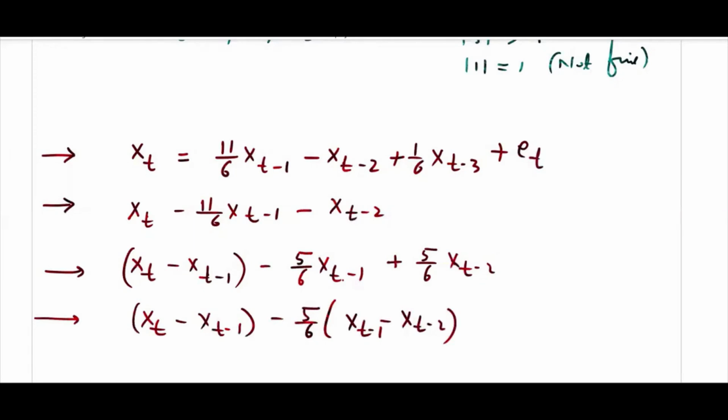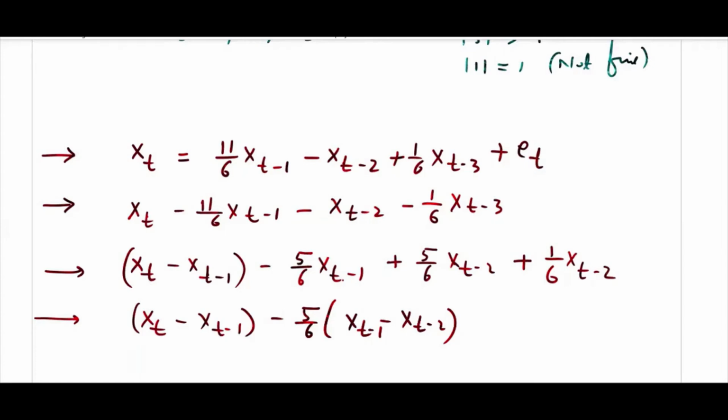Yeah, this is also fine. How about this? I've taken 5 upon 6, 1 upon 6 remains. So 1 upon 6 X_{t-2}. This is 5 plus 6, 1. But I had to write minus here because it was minus.